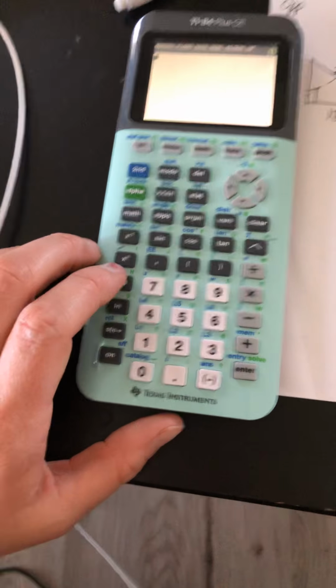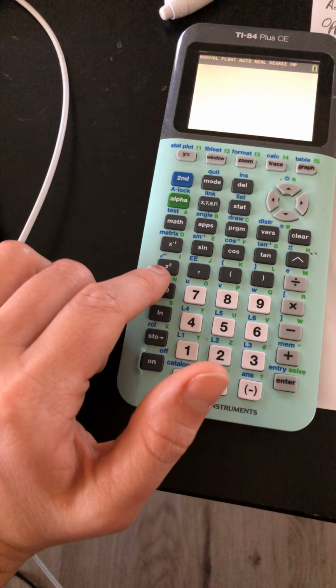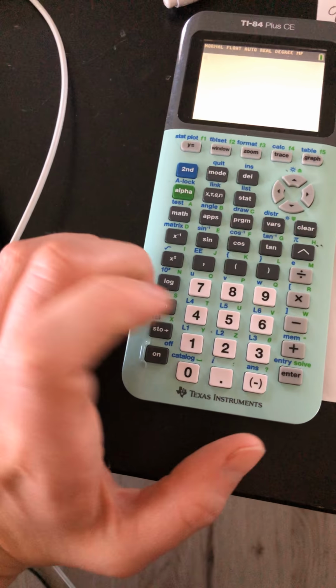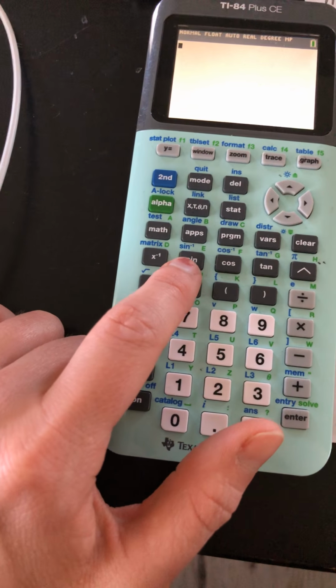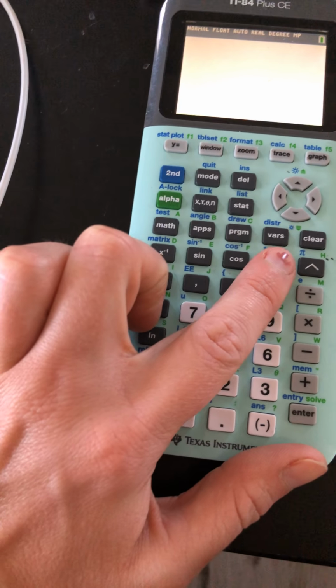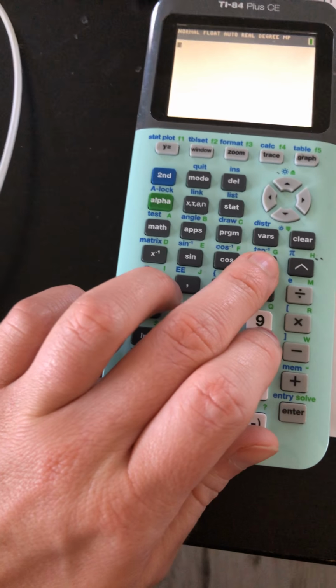Okay, so anytime we do the inverse on things like the square and the square root, the plus and the minus, there's a way to do it. If you see here above sine, there's a sine with a -1, cosine -1, and tan -1. Those are inverse sine, inverse cosine, and inverse tangent.